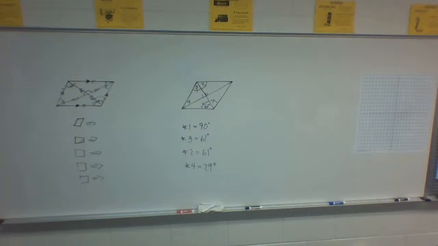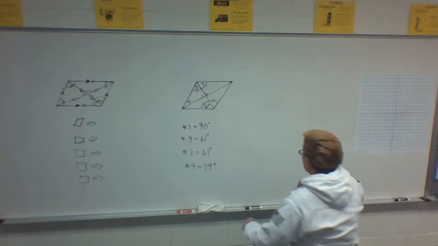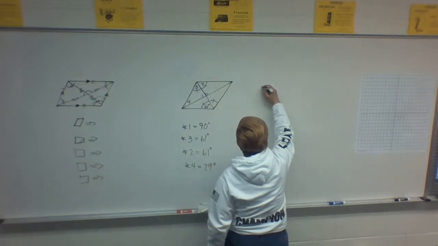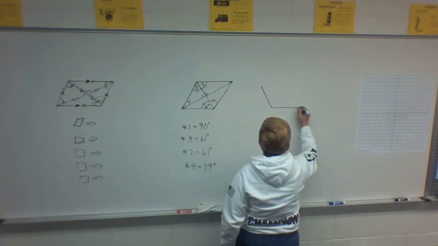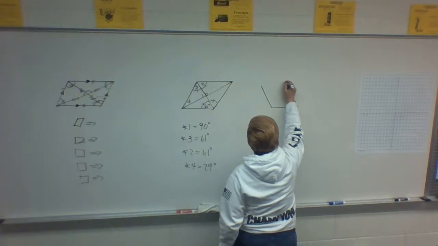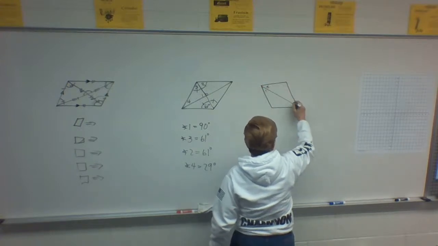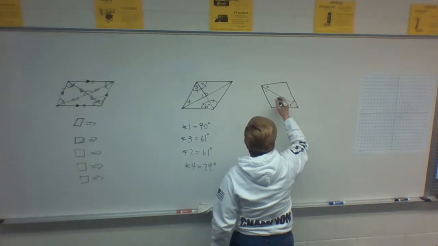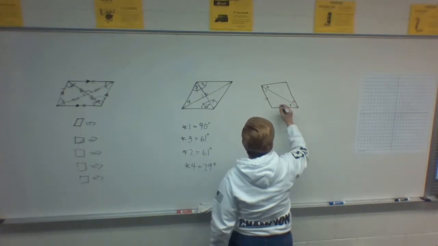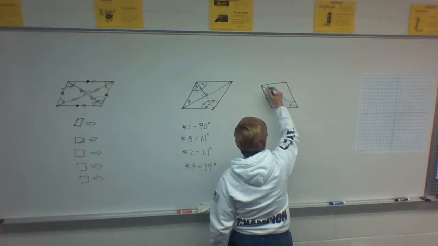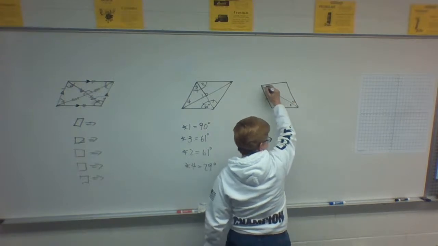Just so that you are aware, here's another way to find angle 1. Something else to remember from your previous geometry experience. I don't know if these are numbered right, I don't care, they're all the same size. But remember, in a rhombus, this is equal to this, making this triangle right here isosceles.